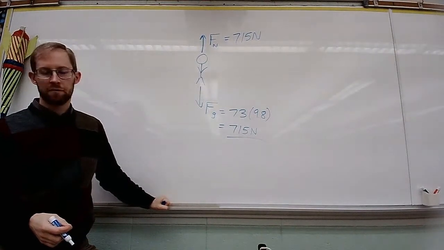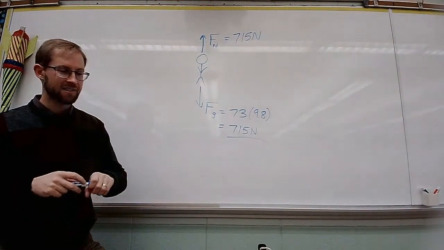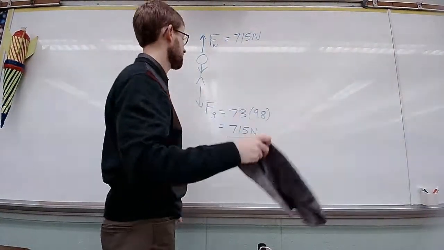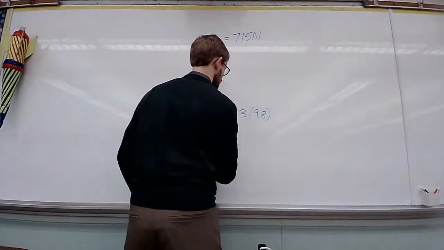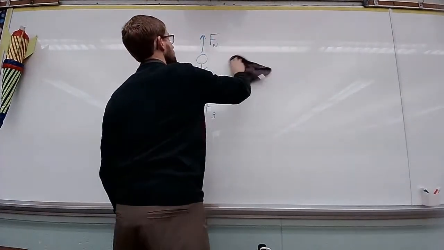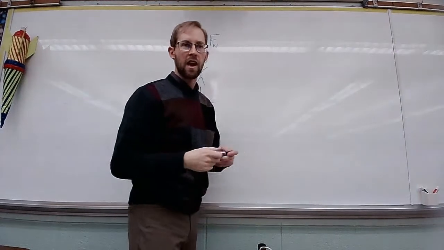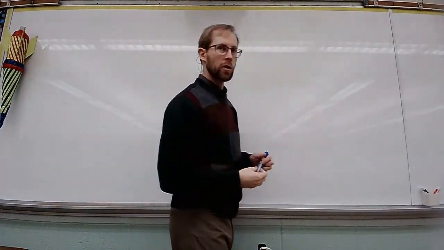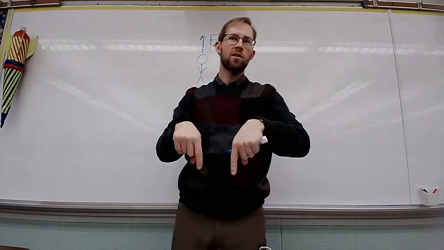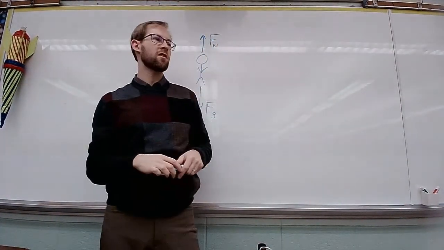Then finally we have to do double I. And this is where we actually have to use a force equation. So here, the elevator is slowing to a stop. When you're going down in an elevator and it starts to slow to a stop when you get to your destination, do you feel heavier or lighter?